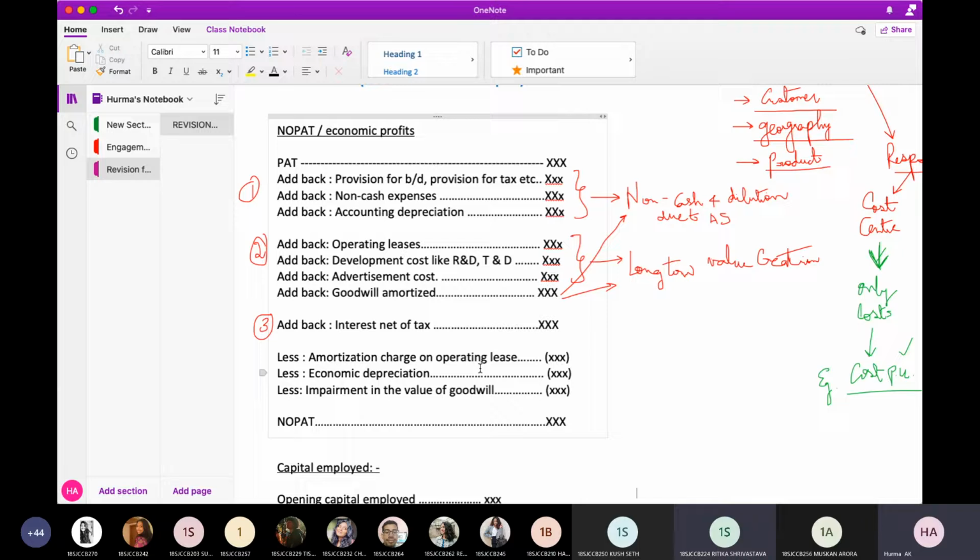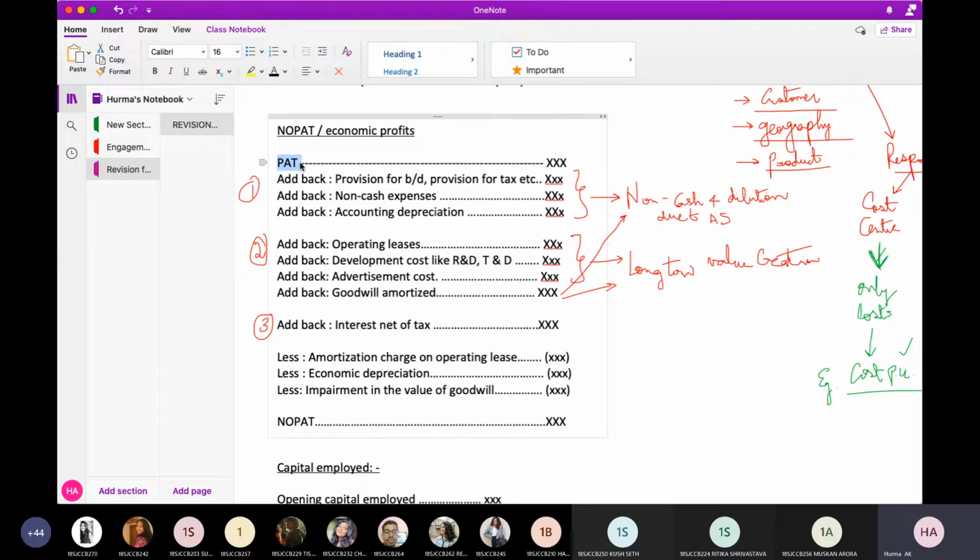Okay. Sure. So, like I said, operating lease is something which is creating value for the business. See, amortization is nothing but the depreciation that we have to deduct from the profit after tax because we haven't done that.